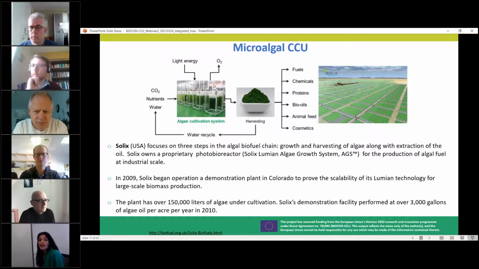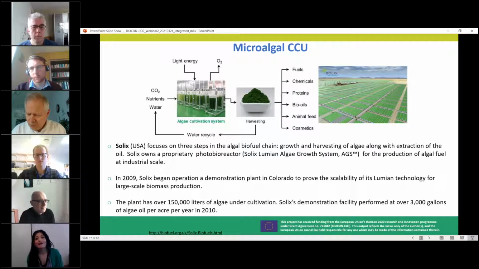You can see that they have a very large demonstration plant based in Colorado, which reached over 3,000 gallons of algae oil per acre in 2010. That demonstrates that this kind of technology is possible. However, it does require very large lands. Next, please.